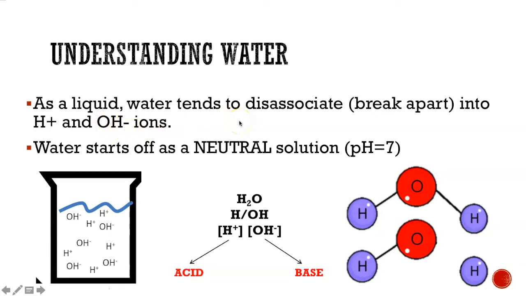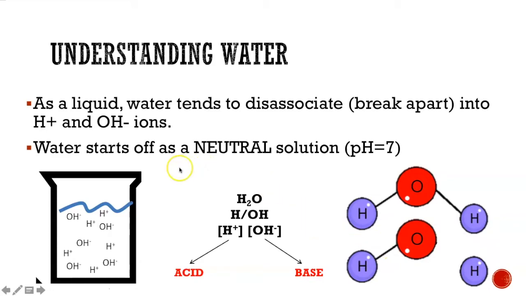If you were looking at a glass of water, you'd be looking at a whole bunch of these H plus ions and OH ions. It doesn't typically like to hang out together as a full H2O molecule.